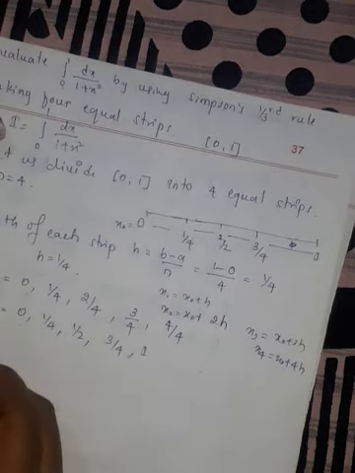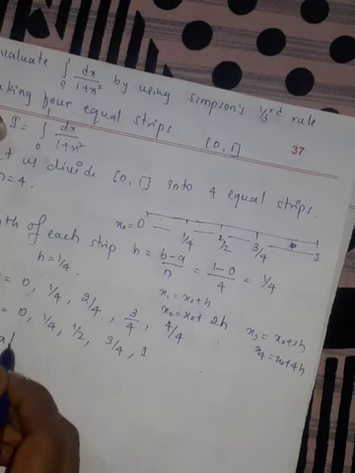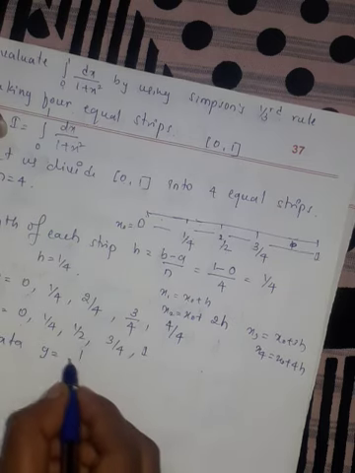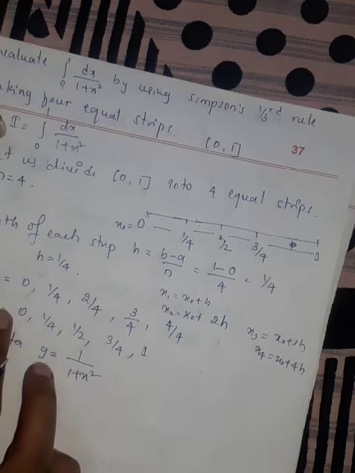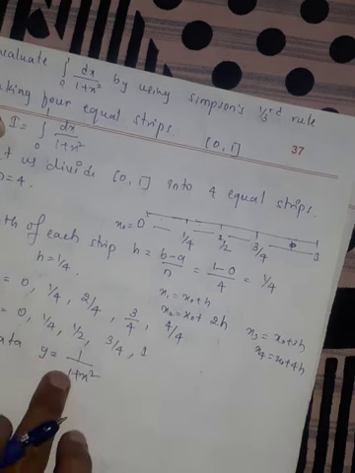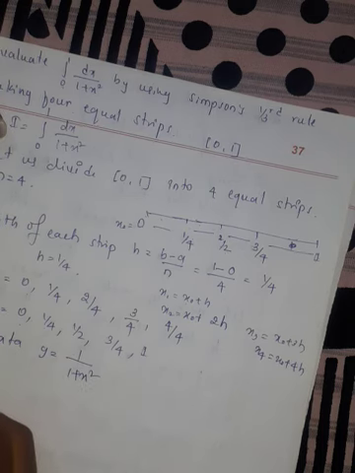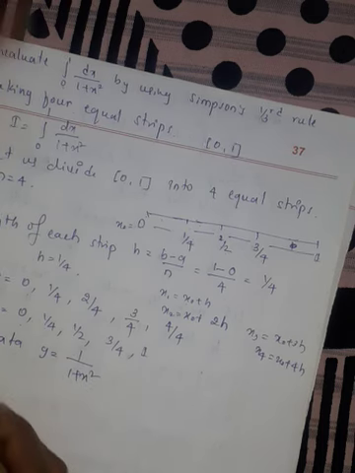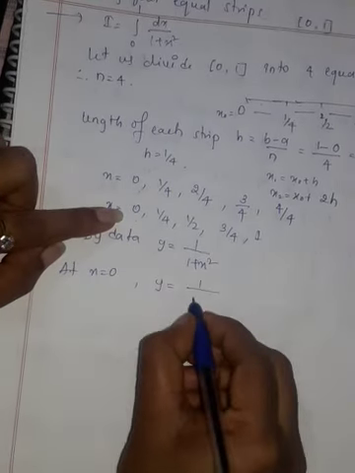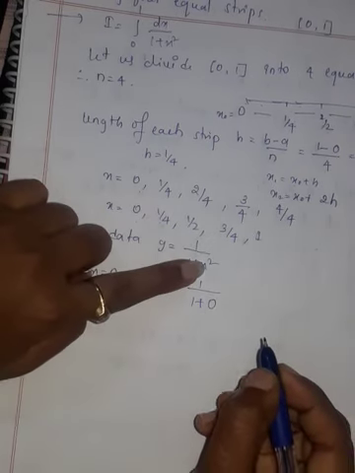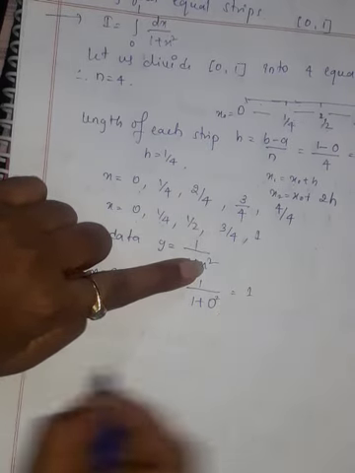So by the data, what do we have? y is equal to 1 divided by 1 plus x square. By using the value of x, we will find y. At x equal to 0, y is 1 divided by 1 plus 0 square, which is 1.